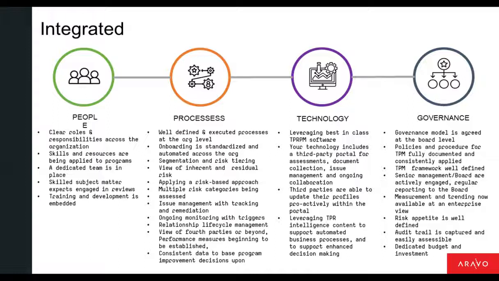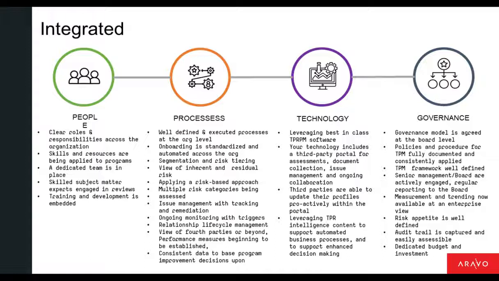Yeah, thanks, Dave. What we're seeing at the integrated stage, as Dave's alluded to, is a really joined up approach across the enterprise, across the functions, bringing in new functions into the process, across data and across your technology infrastructure. You're also really starting to use more mature processes in your program. By this stage, organizations will have some type of ongoing or continuous monitoring in place.